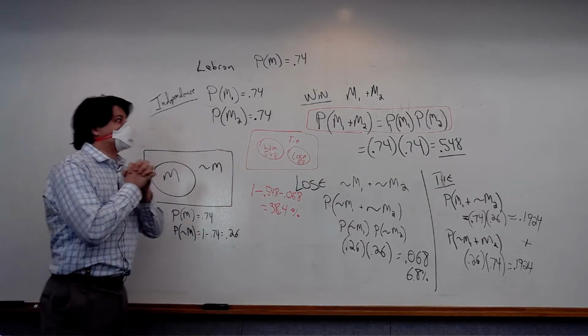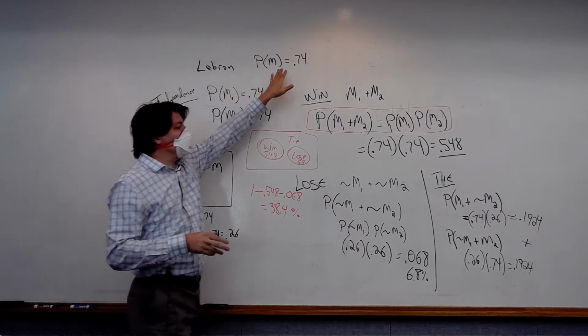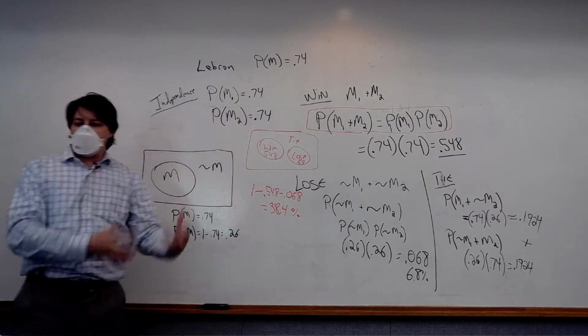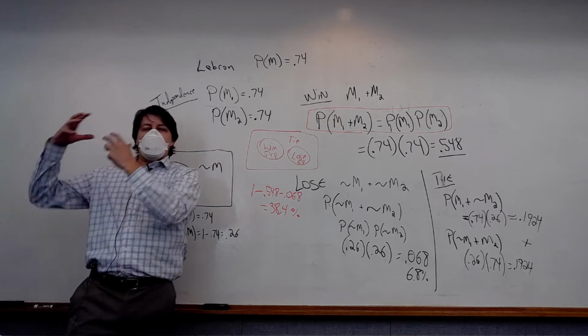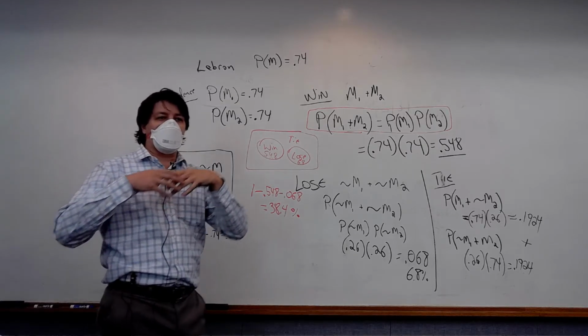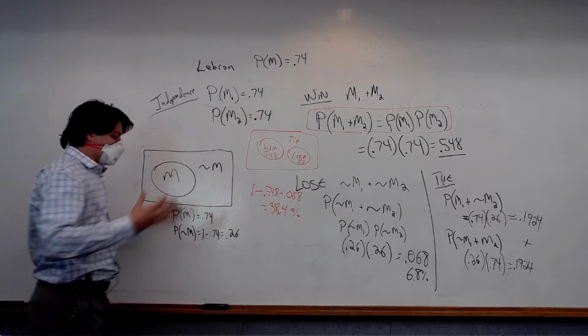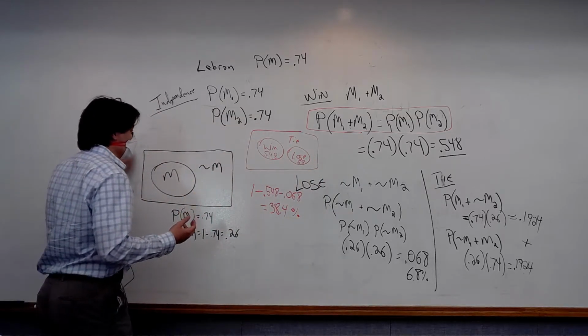Now, again, that's a big assumption to say, and I don't think we're wrong here, but we are making that assumption that the probability of the first and the probability of the second are independent of each other, and that whatever happened in the first shot doesn't change the second.